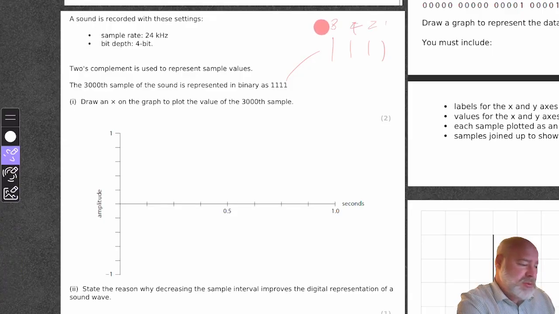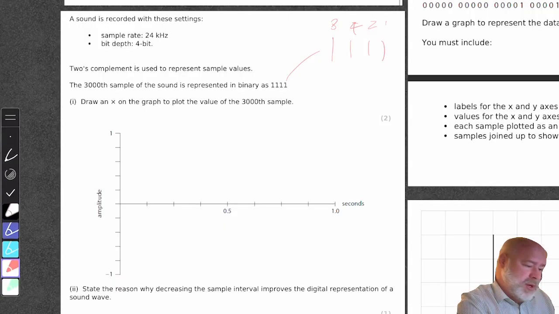But if it's 2's complement, what we'll be doing there is saying that that is minus 8. So minus 8 plus 4 equals minus 4, plus 2 equals minus 2, plus 1 equals minus 1. So that number is minus 1, which is that down there.